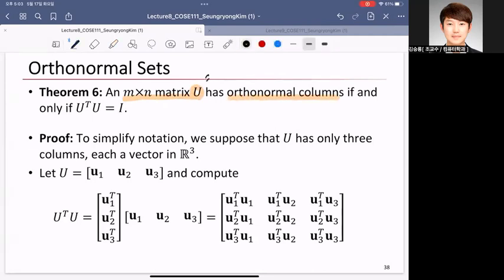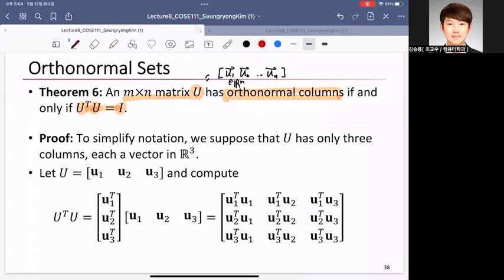For example, U consists of the vectors u1, u2, up to un, where each vector is in R^m space. The matrix U has orthonormal columns if and only if U transpose U is equal to the identity matrix. So this is theorem 6.